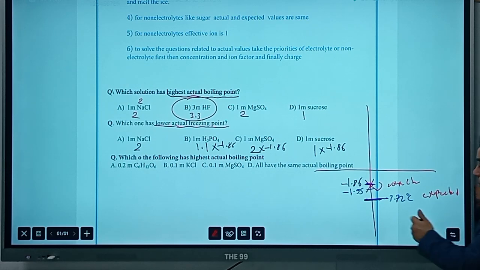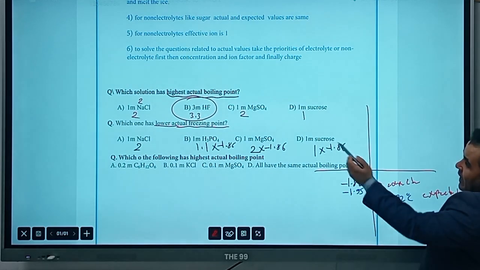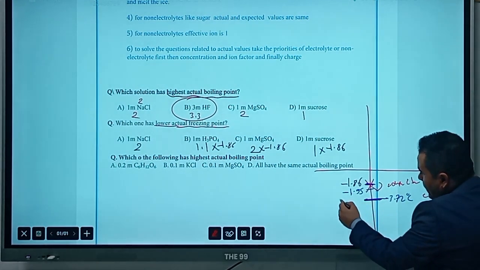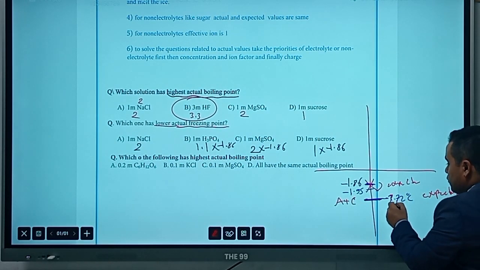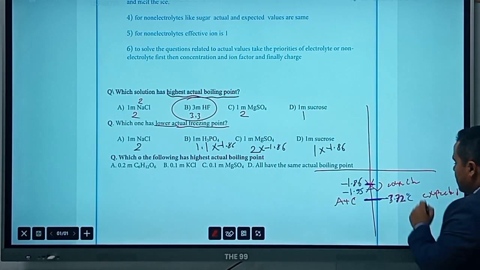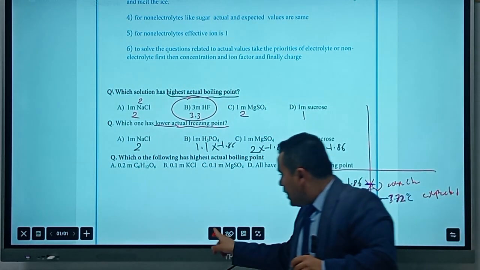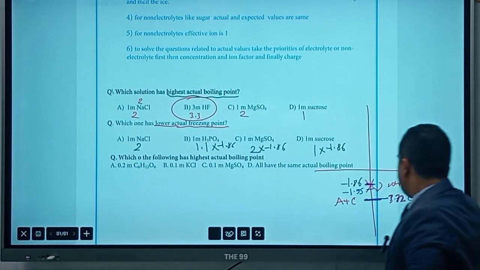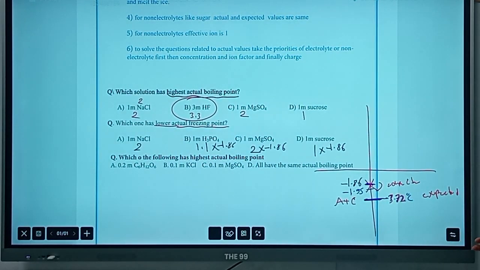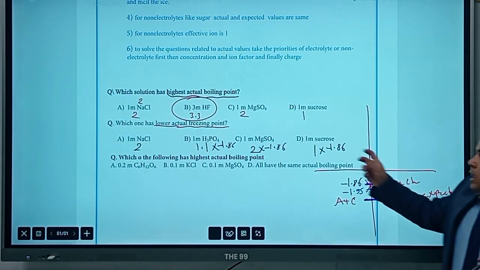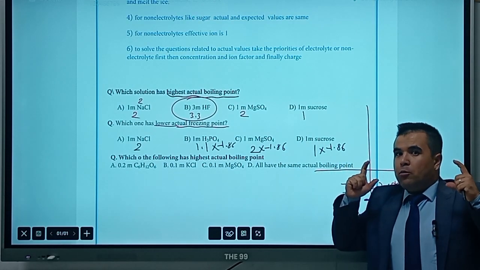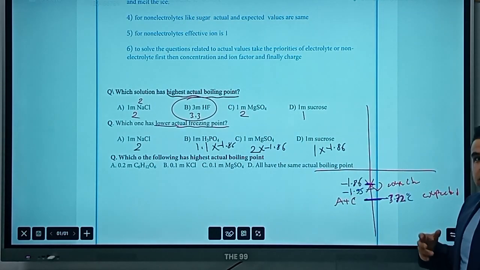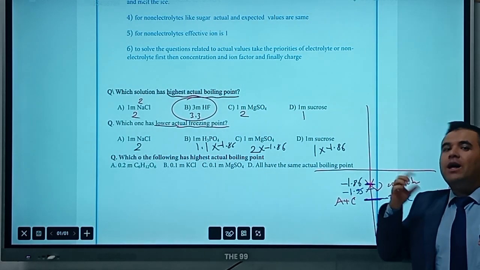Sorry, guys, but the NaCl, which is A, and the C have the same expected freezing point. If you remember, guys, I told you about the freezing point and the vapor pressure, which are among the two groups, that for the freezing point they have a higher actual than the expected.